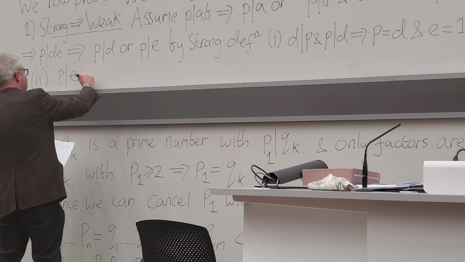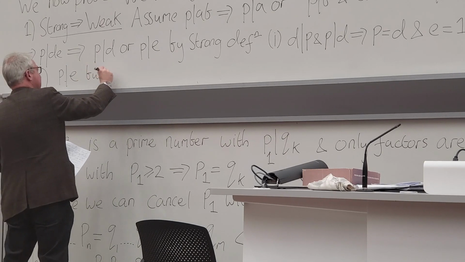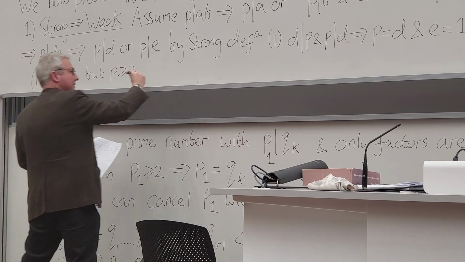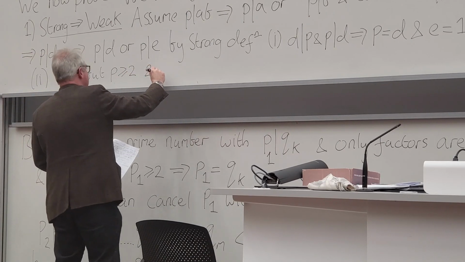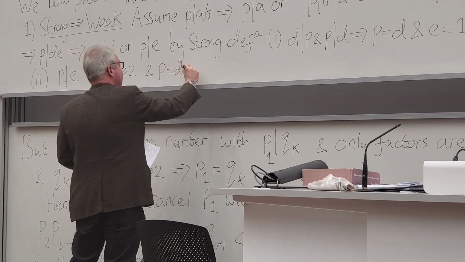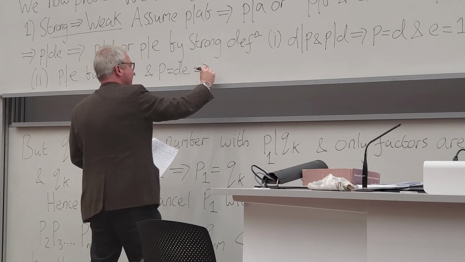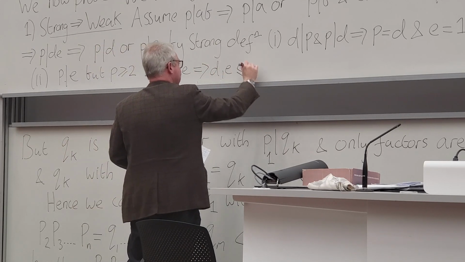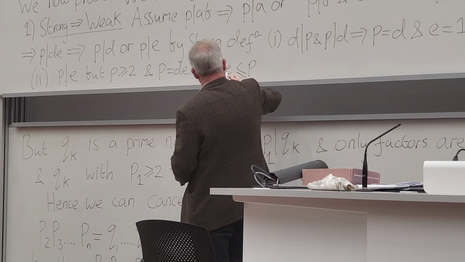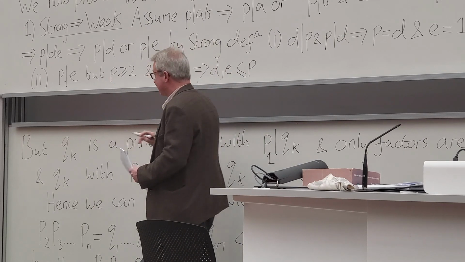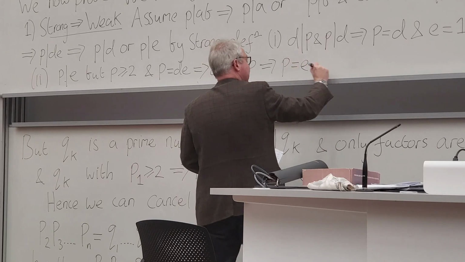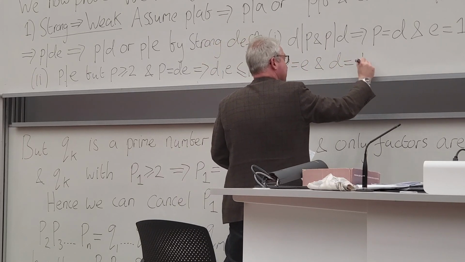So p divides e, but p is greater than or equal to 2, and p equals de implies d and e are less than or equal to p. Okay, so you've got a number whose largest value is p and p divides it, so we now get p equals e and d equals 1.